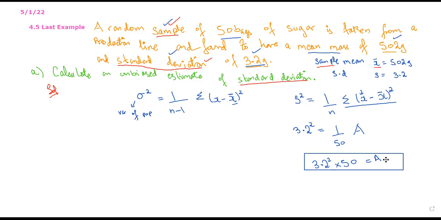All right, now let's try using this formula again. We have the value of this part, right? A is the value of this part. So sigma square is going to be 1 over n minus 1, which would be 49. Very good. Into what is going to come?